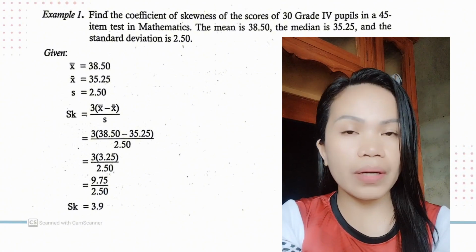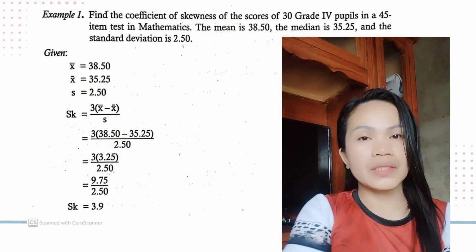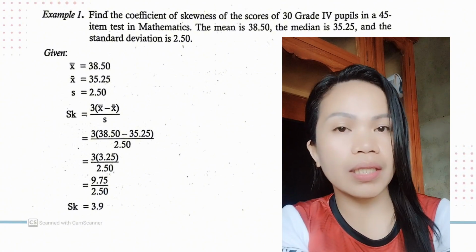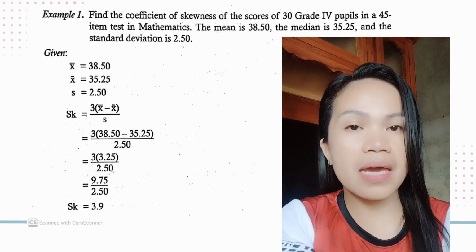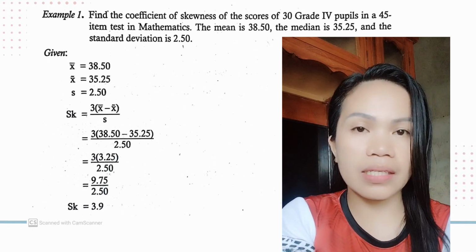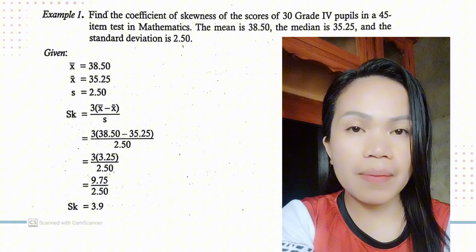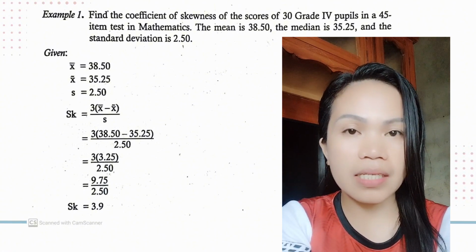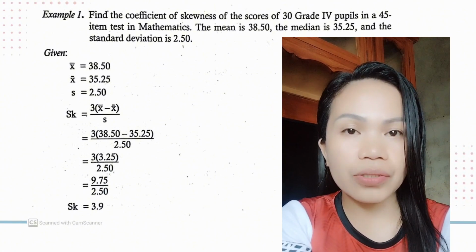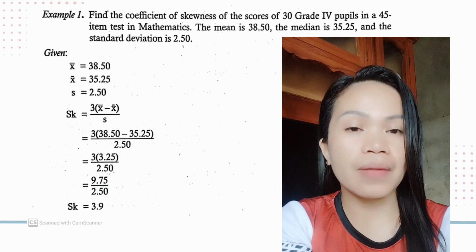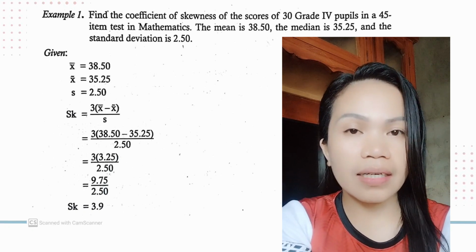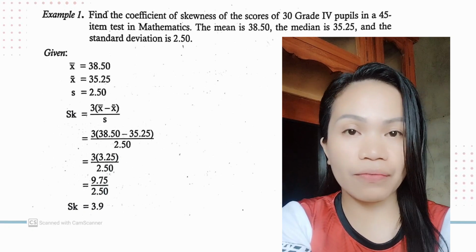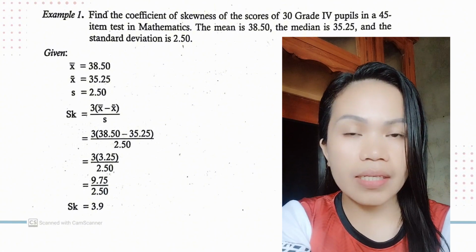So using our constant formula, we have to subtract the median from the mean: 38.50 minus 35.25, divided by the standard deviation, which is 2.50.